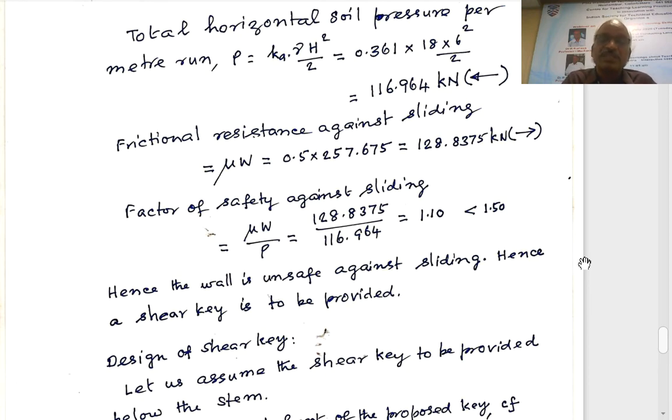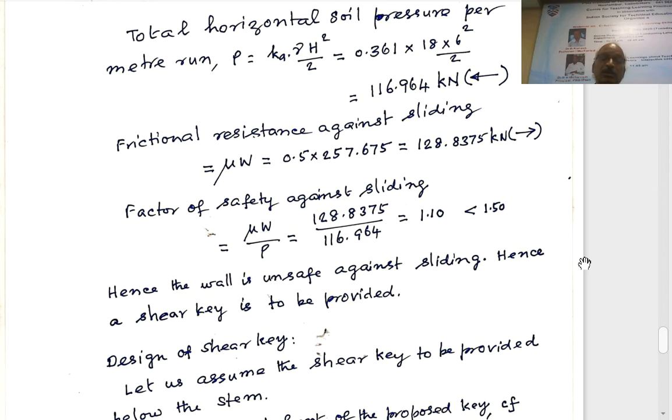We know from the stability calculation table, we have the value of W in the second column, sigma W. So if W is the total vertical force and mu is the frictional resistance offered against sliding, mu times W is the force that will be resisting the sliding.